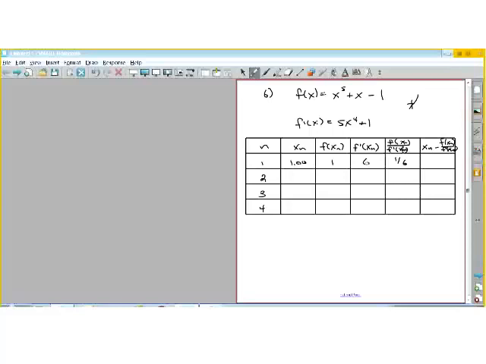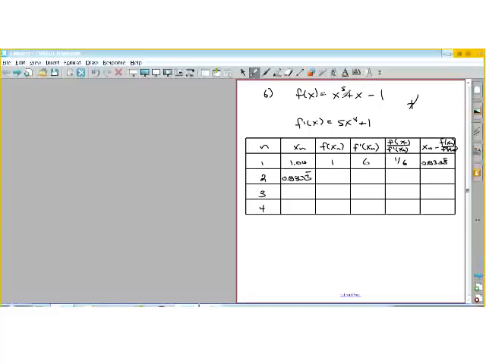Okay, so we get x sub 1 equals 1 minus 1/6, which is 0.8333 repeating. So for f of x sub 1, we plug this value of x into the function.